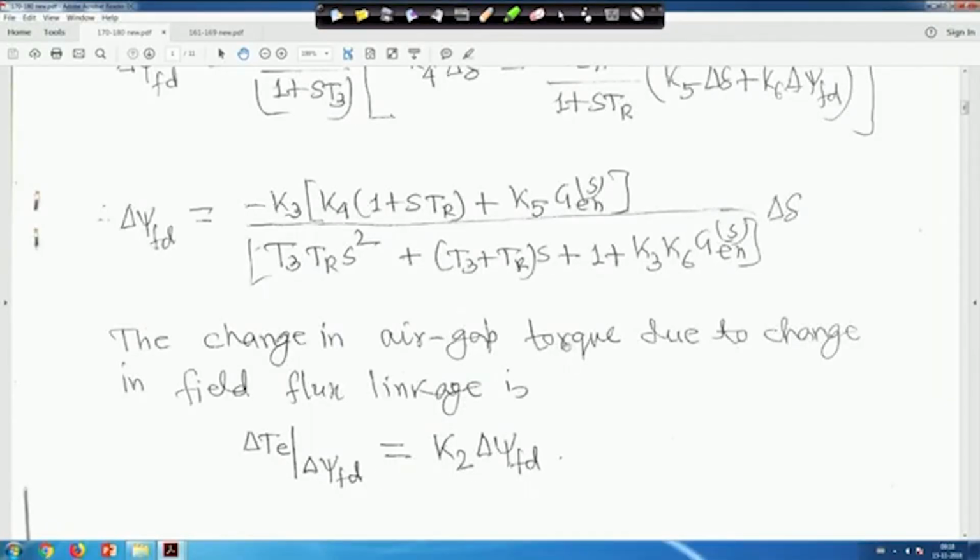So this is the air gap torque due to change in field flux linkage, delta Te, and due to delta psi_fd it is equal to k2 delta psi_fd. So this term should be multiplied by k2. If you multiply it by k2, it will be minus k2 k3, the whole thing.